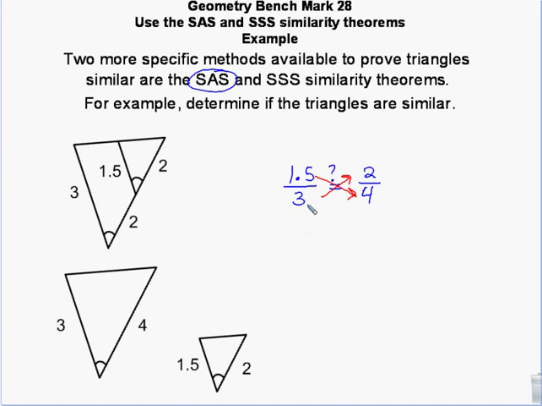Okay, 1.5 times 4 is 6. And 2 times 3 is 6. They are equal. So yes, the triangles are similar. Helps if you write down the correct numbers.